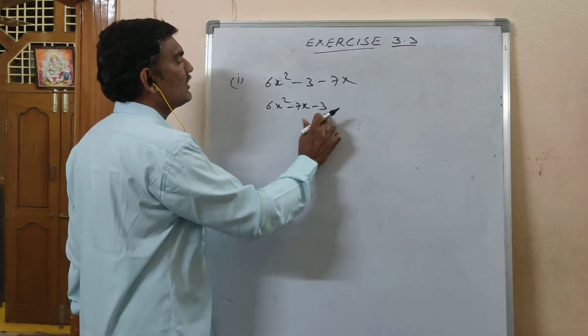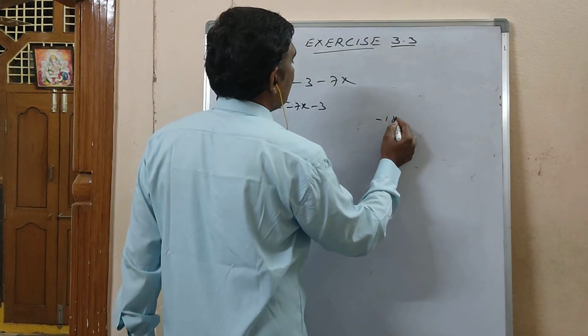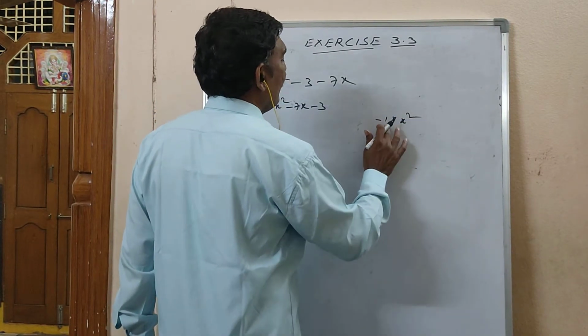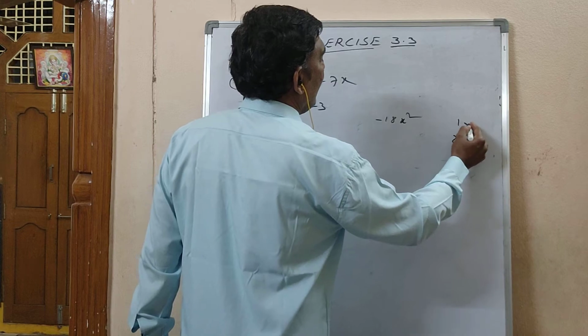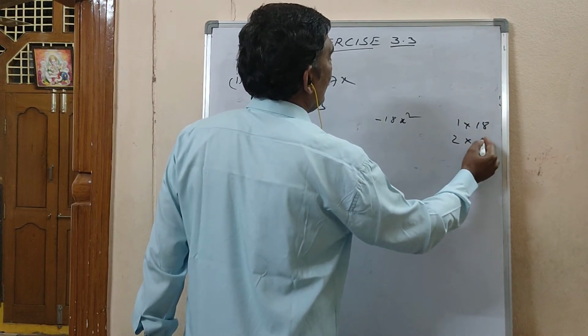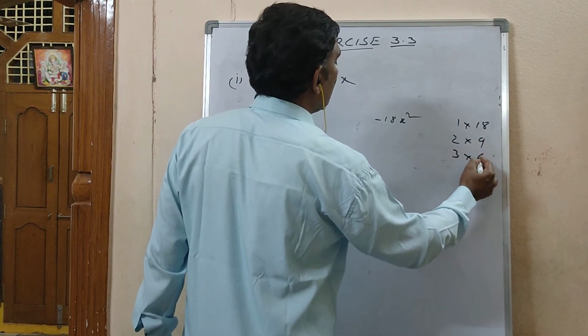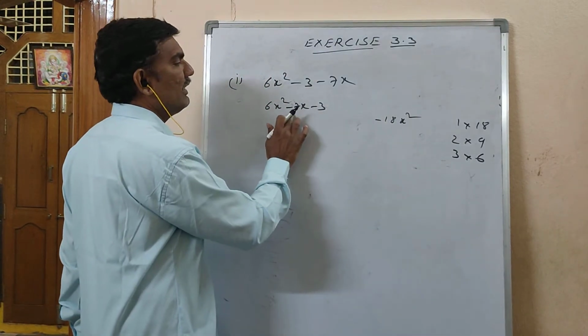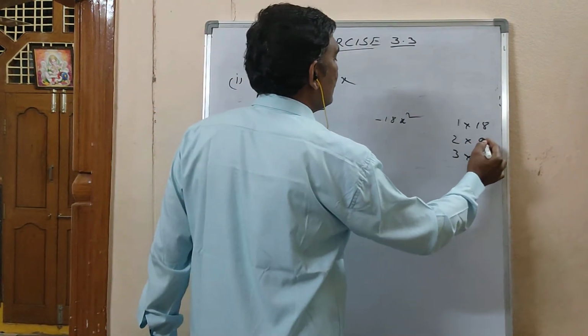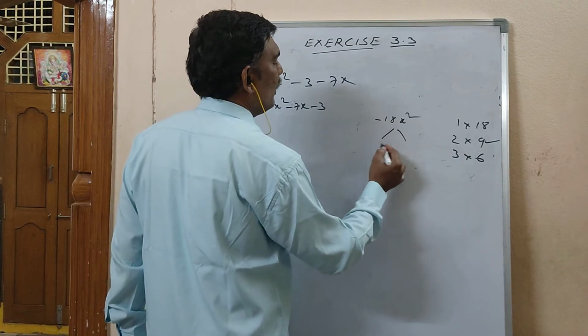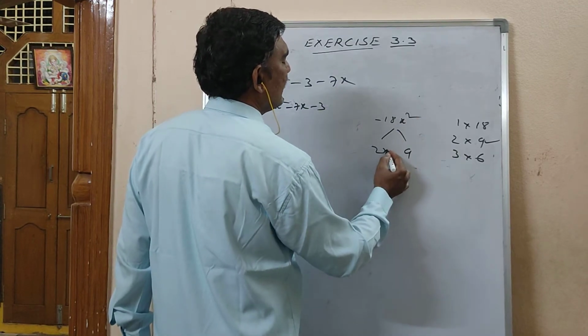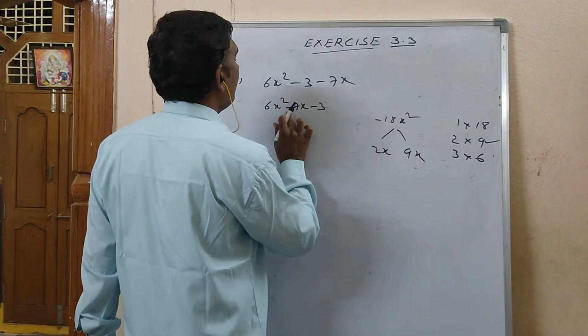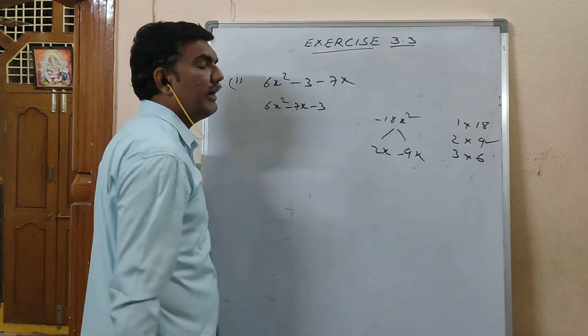Now first term, last term multiply it. Minus 18x square. For 18 factors, 1 into 18, 2 into 9, 3 into 6. Here you got 7. 9 minus 2 is 7. Take 2 and 9. X square is there. X and x. Being minus symbol is there, for the bigger number minus.